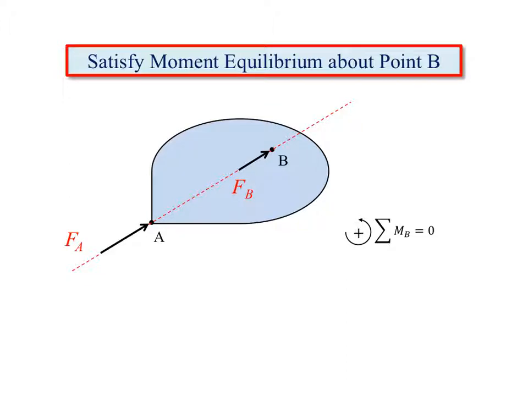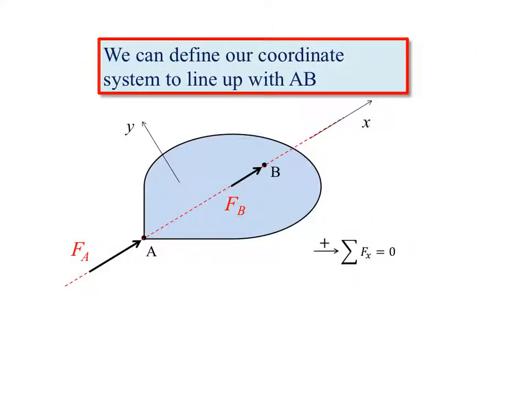Now let's look at rotational equilibrium, or moment equilibrium, about point B. Our force at B is concurrent about point B, but for rotational equilibrium about point B, we find that the force applied at A has to be along the line between points A and B to be concurrent with point B. So we still don't know the magnitude of the force applied at A, and we still don't know the magnitude of the force applied at point B, but we know that both their lines of action have to be on the line between the points where the forces are applied, in this case A and B. So at this point, we've used up 2 of our equations of equilibrium.